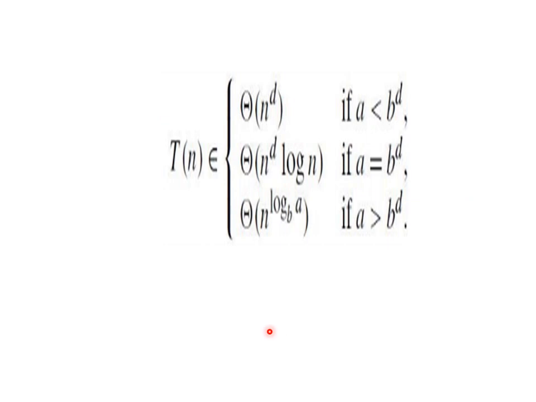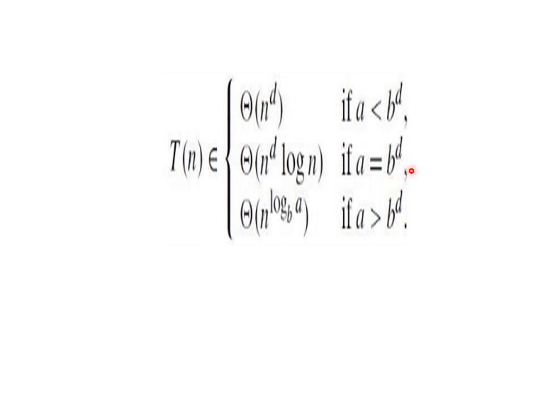So based on the values of a, b and d, where d is derived from f of n, if f of n is in the form of n to the power d, then the total computing time can be defined by the master theorem based on these three conditions. If a is less than b to the power d, the time complexity of the entire problem can be approximated to big theta of n to the power d.